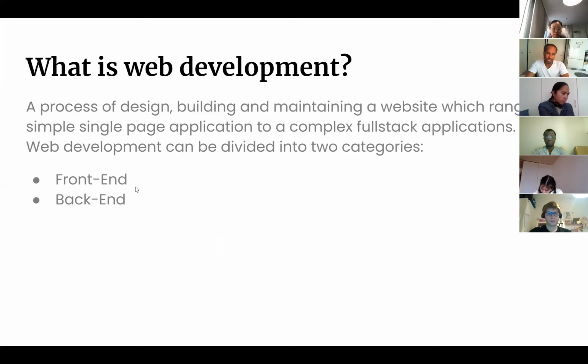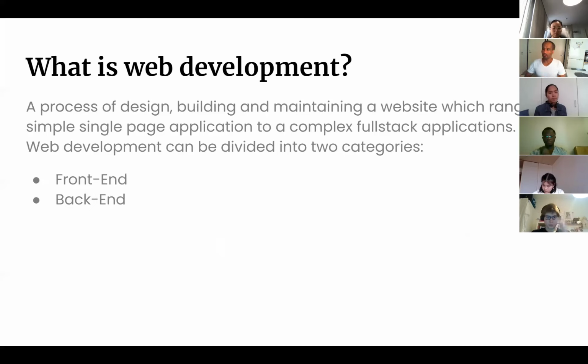So let's categorize these two. Web development actually has two parts, a front end and a back end. Let's look at these words. It has a front. What's a front? Something you see, right? Something in the back you can't see.